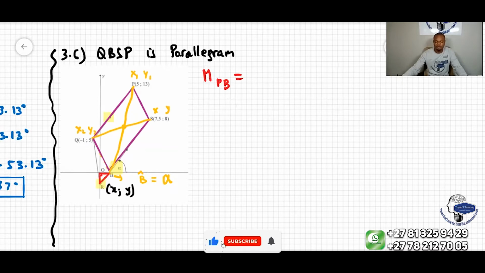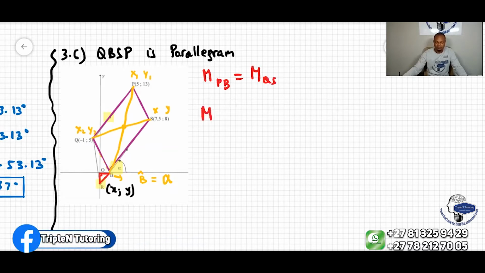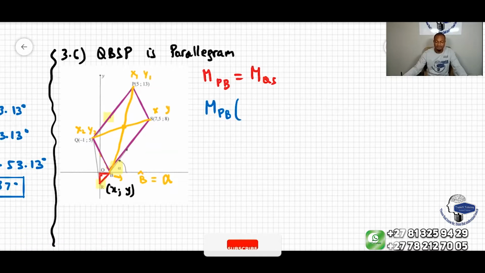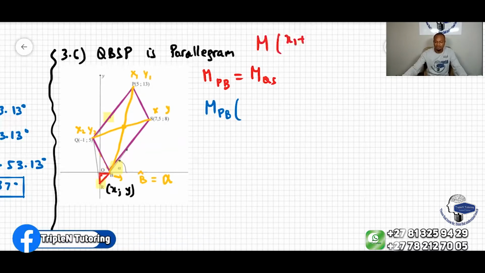Now let's find the midpoint of PB. The midpoint is given by x1 plus x2 over 2 and y1 plus y2 over 2, just the average.